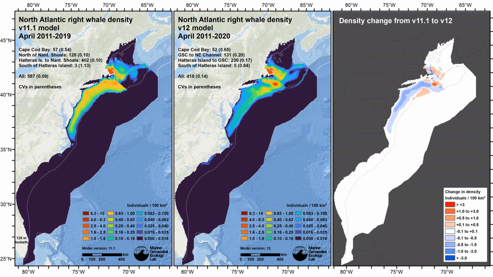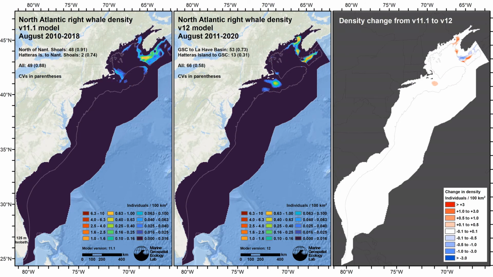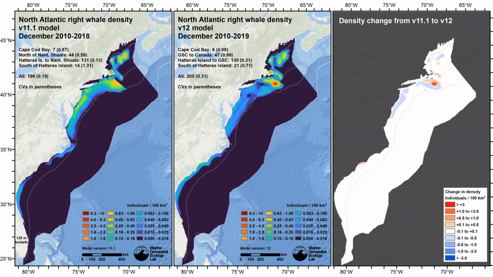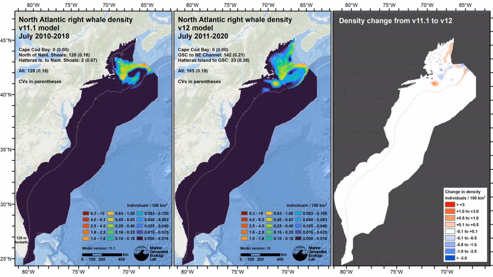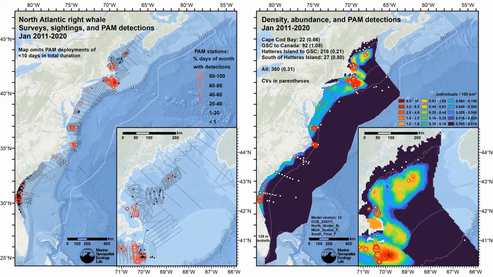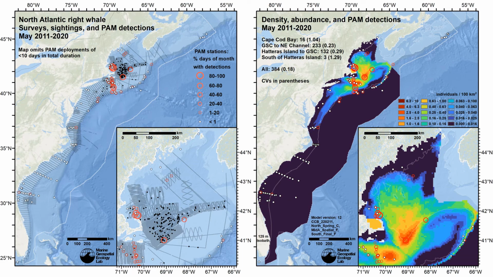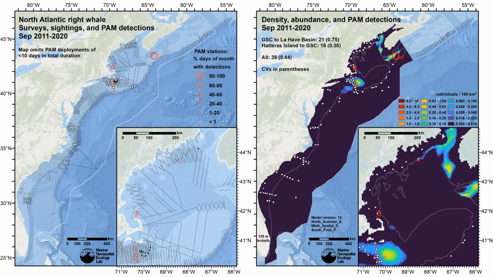We can see the density is now predicted year-round south of Nantucket, where sightings were reported every month of the year except October in recent surveys. North of Nantucket, there were additional changes, which I have no time to discuss here, but they were smaller. In the southeast, changes were negligible. This animation overlays acoustic detections from fixed recorders aggregated from many research teams by Jen Davis and her colleagues at the Northeast Fisheries Science Center.